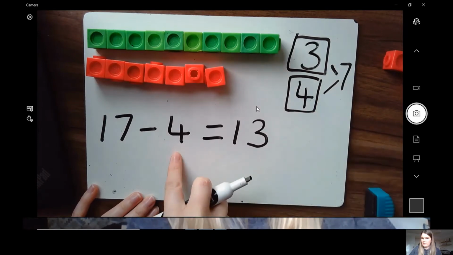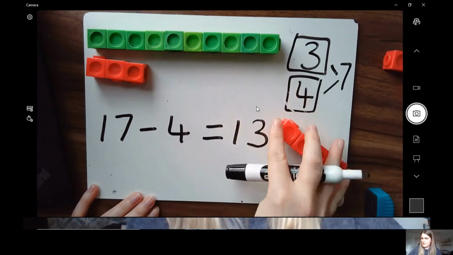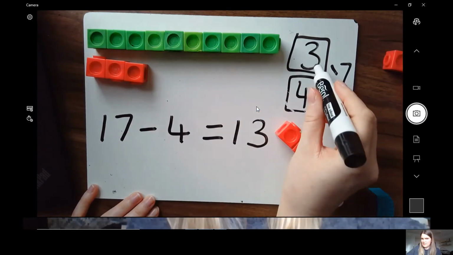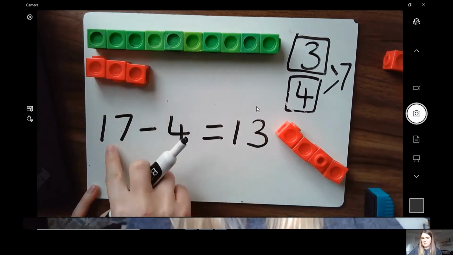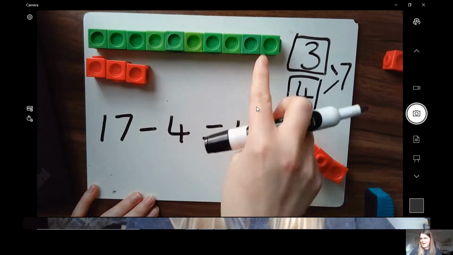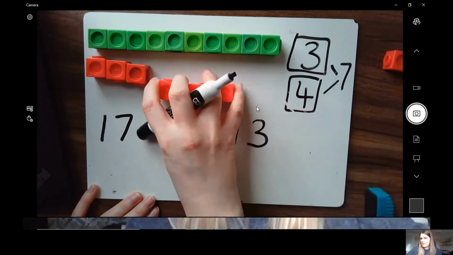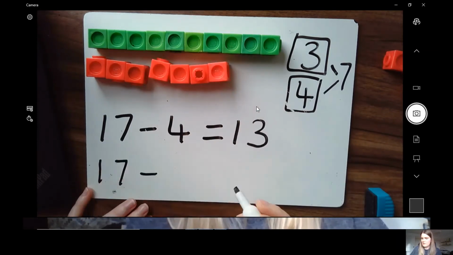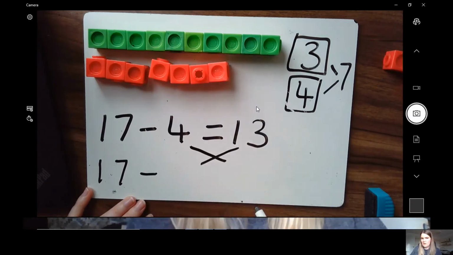So when we take away 4, our answer should be this missing number. 1, 2, 3, it is, but because it's a teen number, we haven't taken anything away from here. Our number needs to stay the same. Very good.